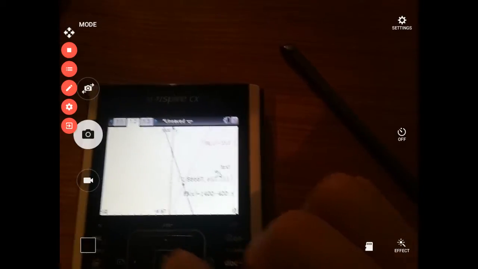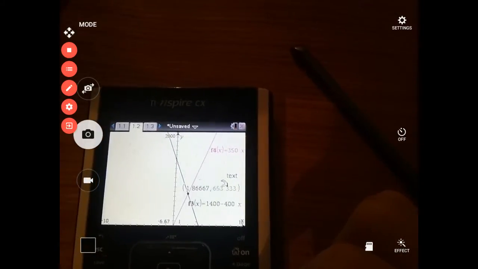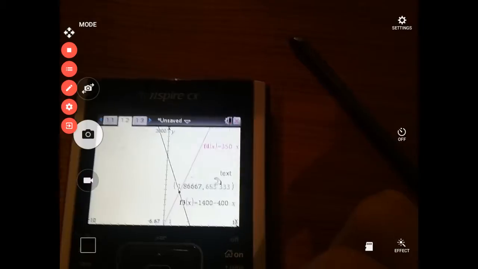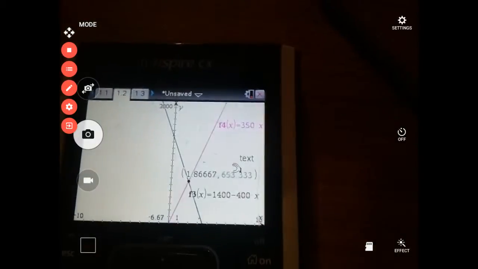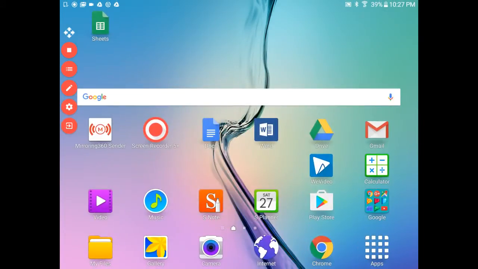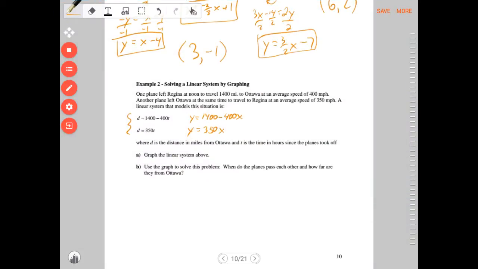So 1.87 and 653.333. So the intersection point was 1.87 and 653, and I think it was like 0.333, but that's fine.